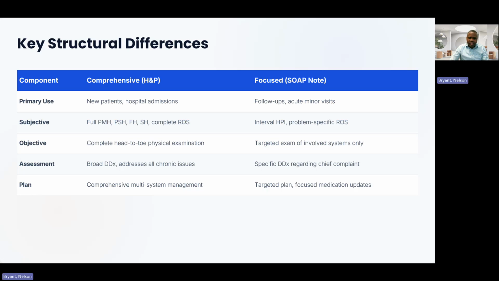For the H&P, it's the foundation of everything we need to know from that patient. But for the sub-note, we can use it for targeted or focused assessment. It's like building on what we already know from that patient.